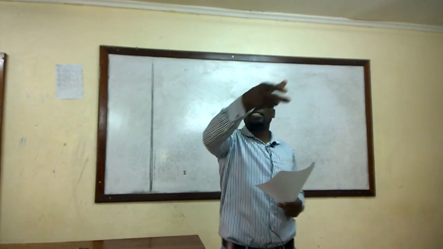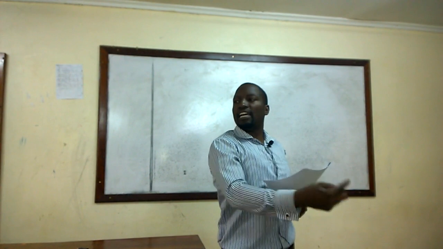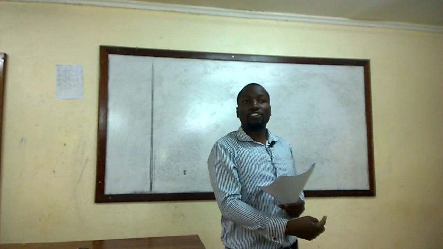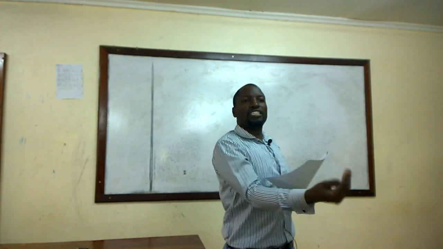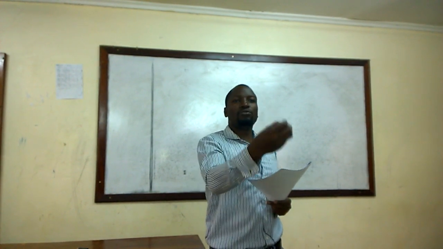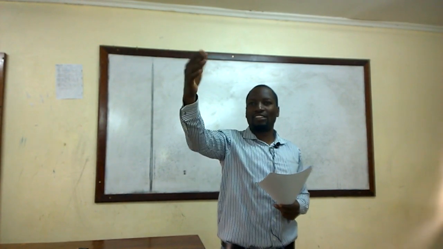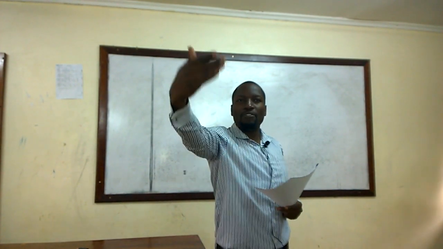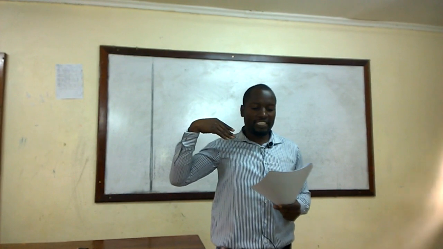If they converge before reaching the retina, what will happen? There will be no image. So these individuals see blurred images from a distance, because the images are formed before reaching the retina.